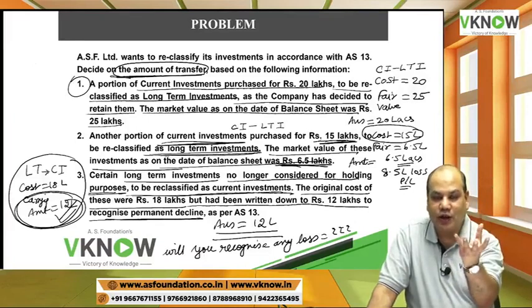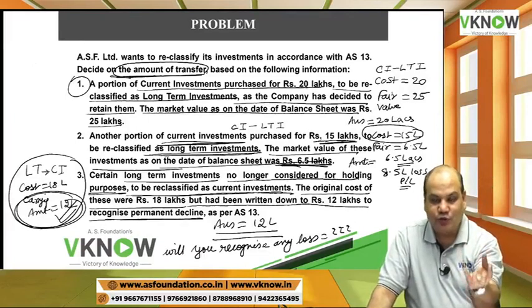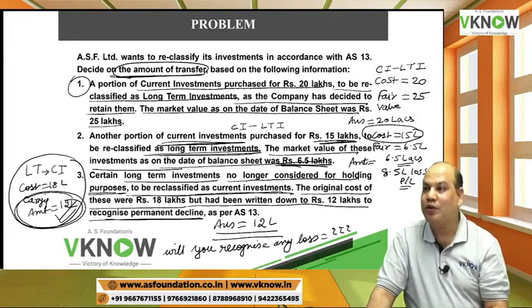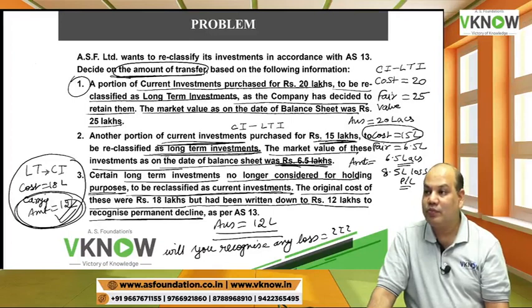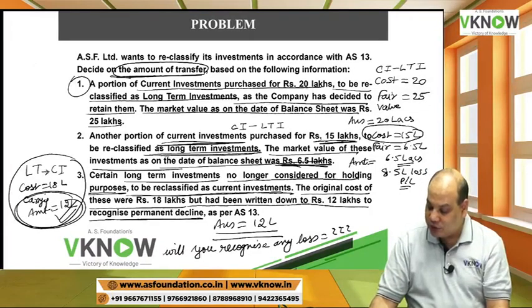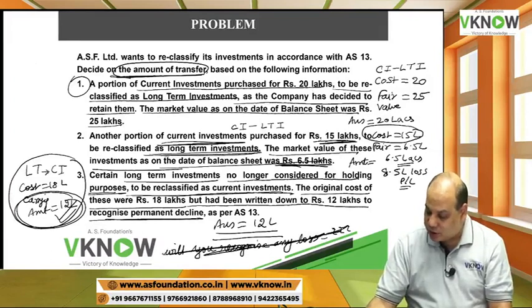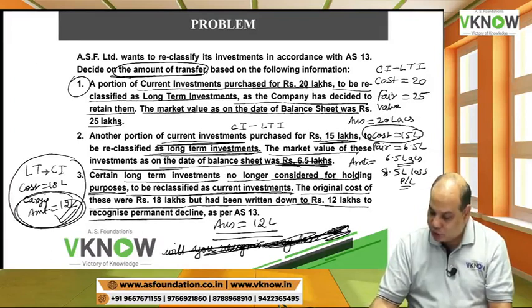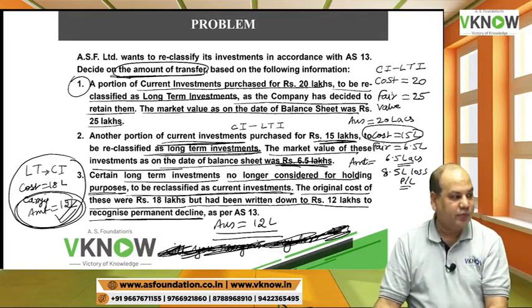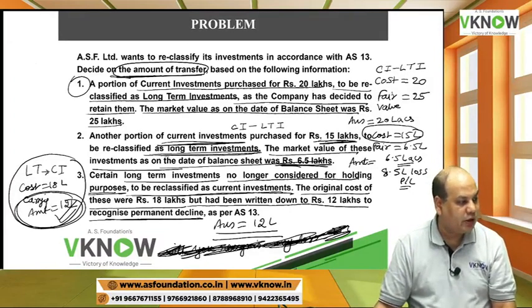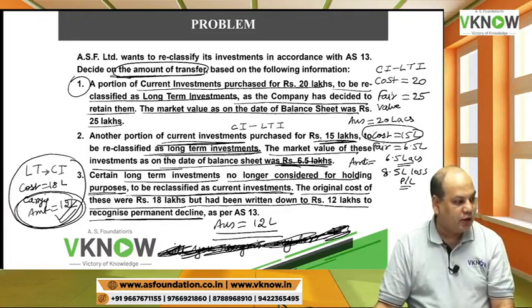That is why its carrying amount has reduced from 18 lakh to 12 lakh. Last year you have already provided, so will you provide again? No. We will not recognize any loss. The loss was already written down in the previous year. So Sanket Jain is right.